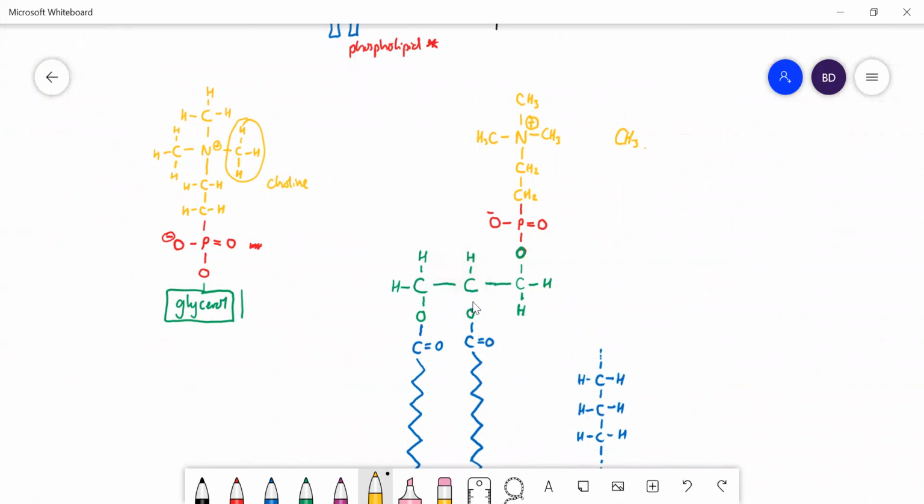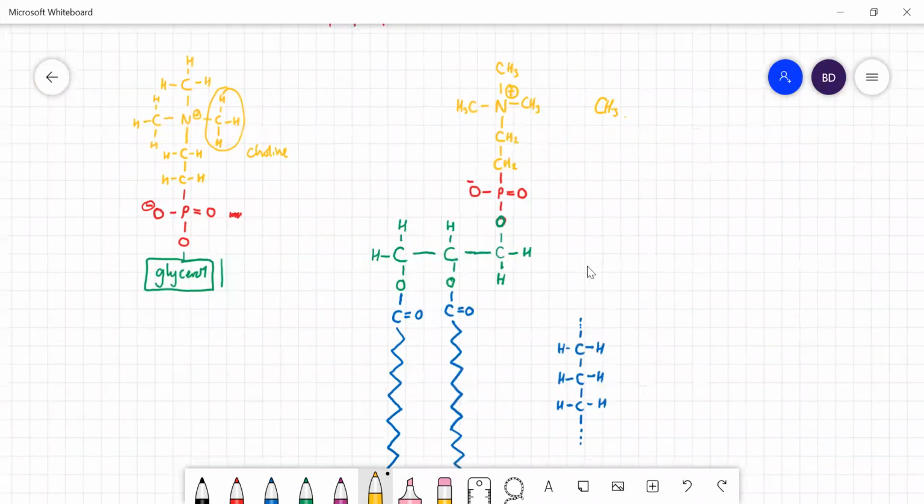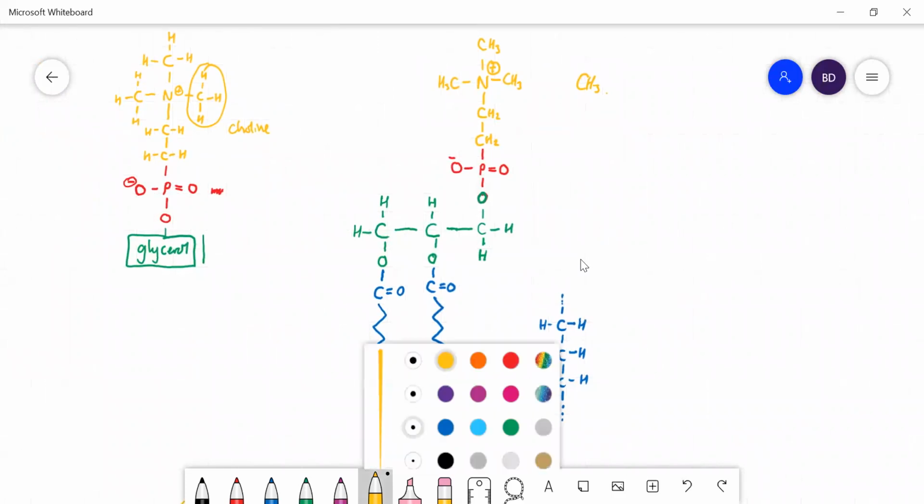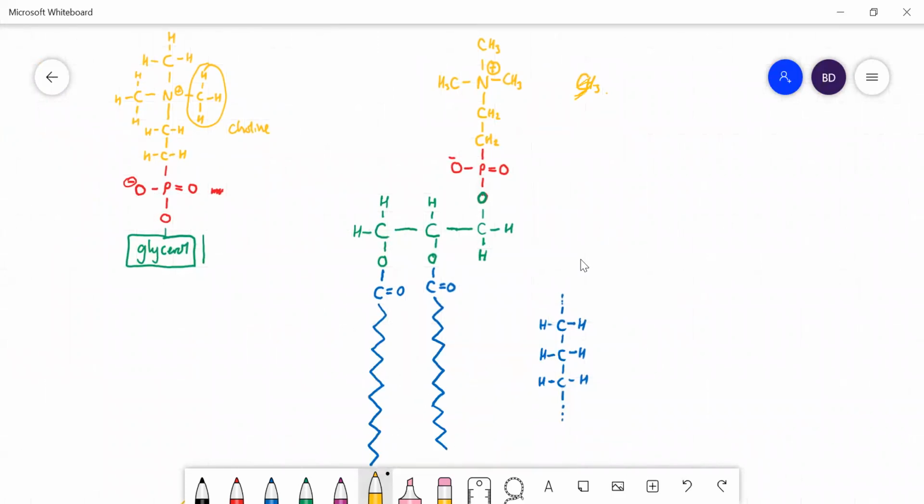This is the whole phospholipid molecule. In yellow up here we have the choline, positively charged, dissolving in water. In red we've got the phosphate, negatively charged. That means that's going to be soluble in water.